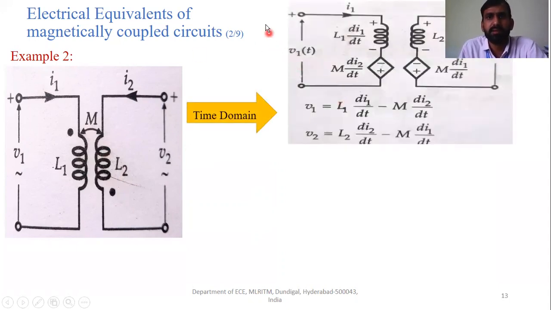So in this, you can see here we are having the first left side loop. As here the mutual inductance is negative, the control voltage source which is going to represent this mutual inductance term, the M term, is going to be reversed.